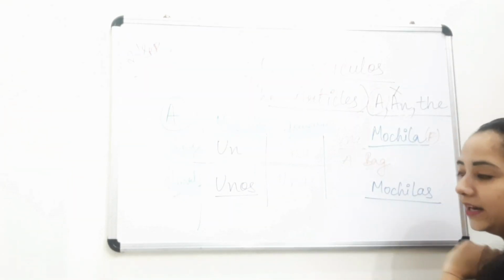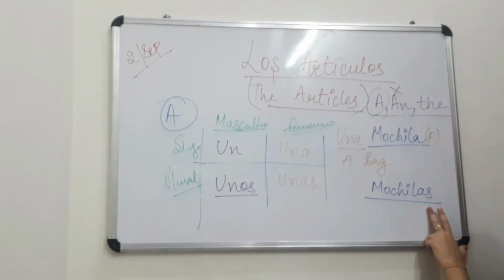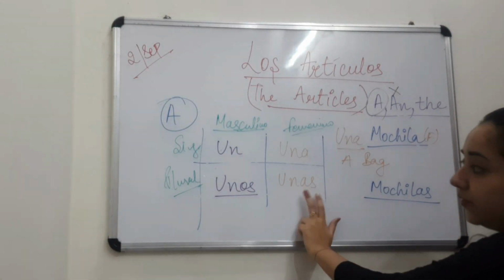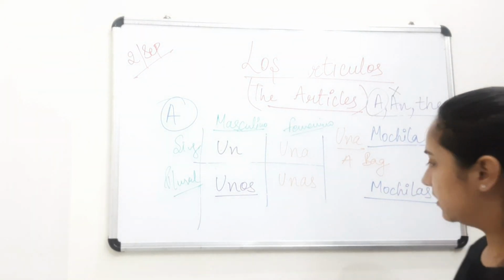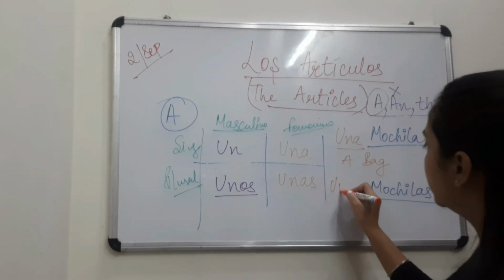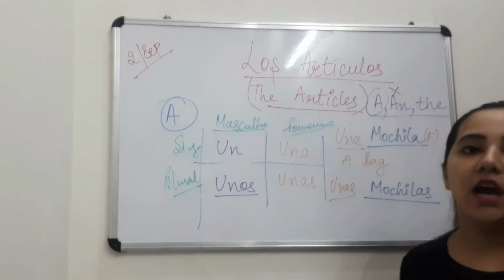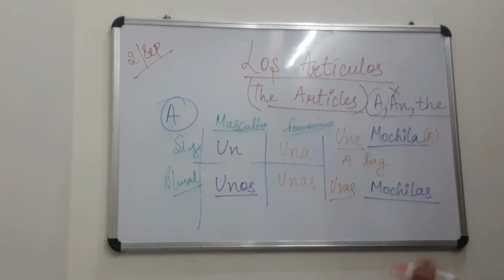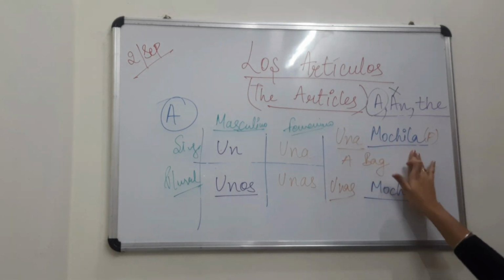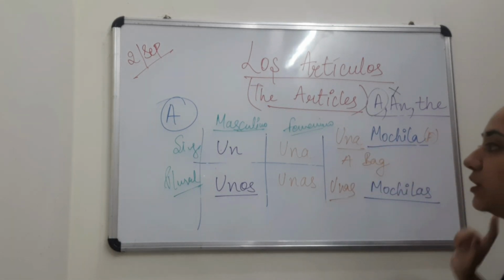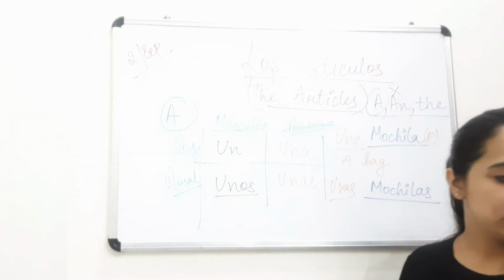But this is not masculine plural, so I'll go for the feminine side. So I'll go for unas. So here also we write unas mochilas. Unas mochilas. Una mochila. I hope these two examples are clear to you.